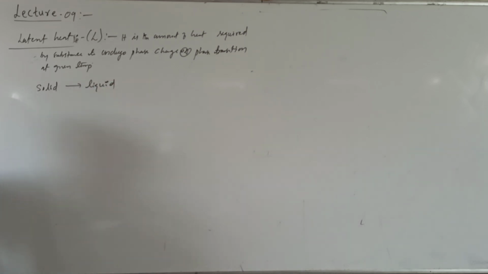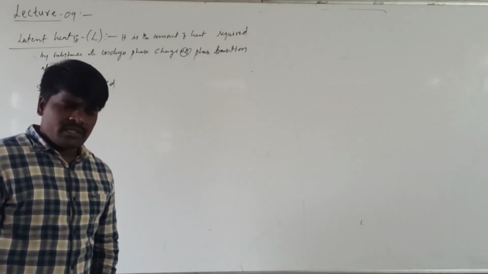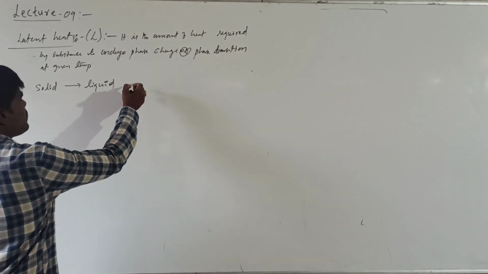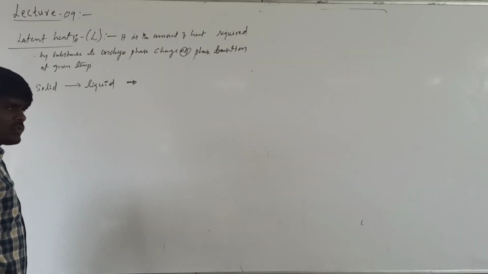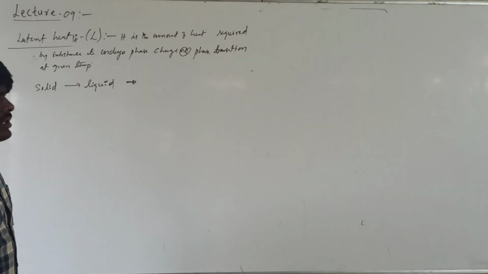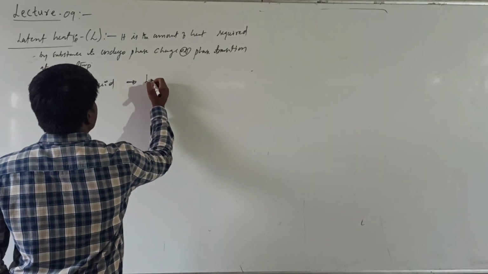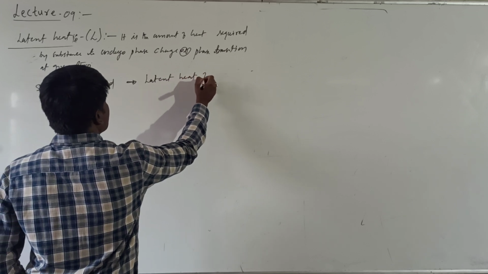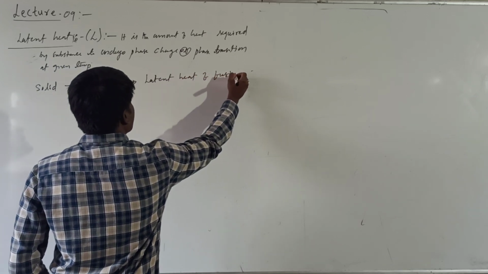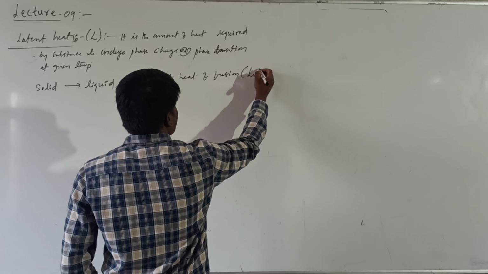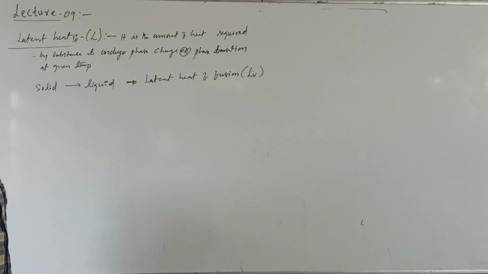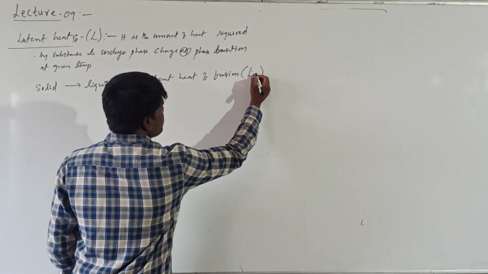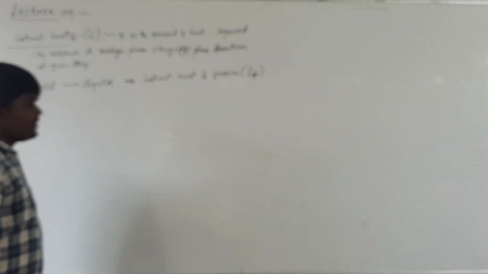The solid state of the substance is getting converted into the liquid state. We call the enthalpy change associated with this the latent heat of fusion, which is denoted with LF.